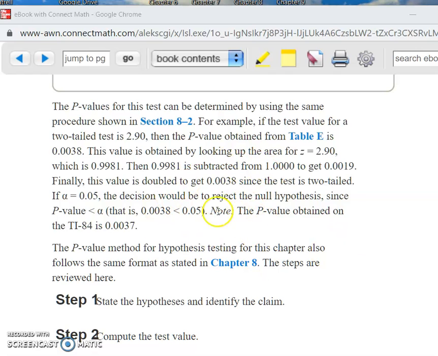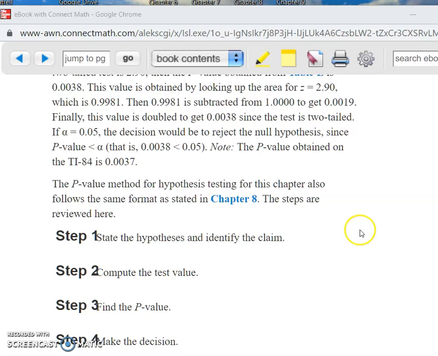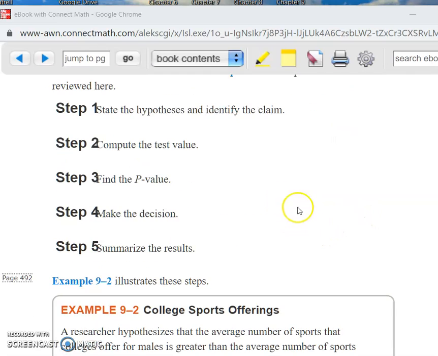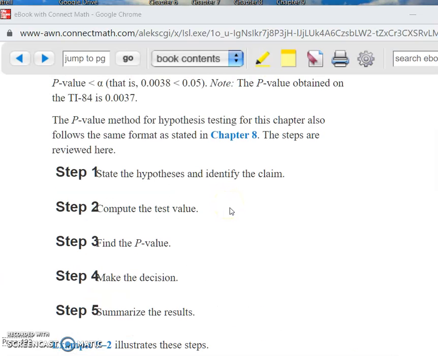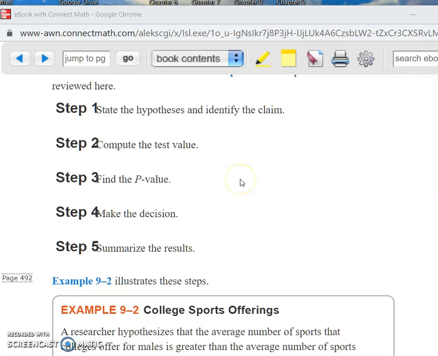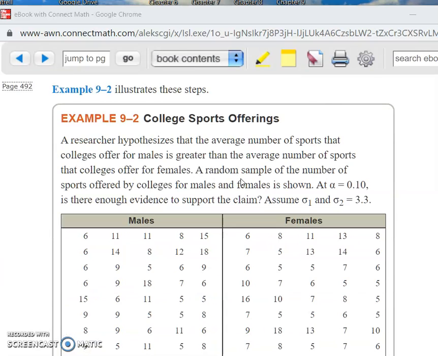Okay, but he kind of walks you through this right here on how to do that. Okay, so here are the steps. You state the hypothesis, compute the test value. You do not compute the critical value. You're not going to use the critical value when we're using the p-value method. Okay, and then you make your decision.